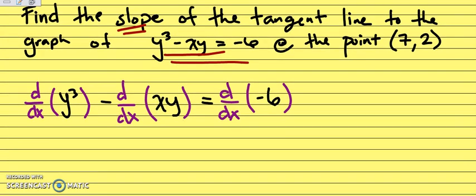So we're going to take the derivative of each term individually, and we start off with the derivative of y cubed with respect to x. So we differentiate like we normally would. Y cubed is 3y squared, but we have to multiply with dy dx.